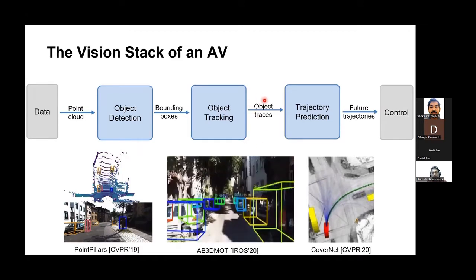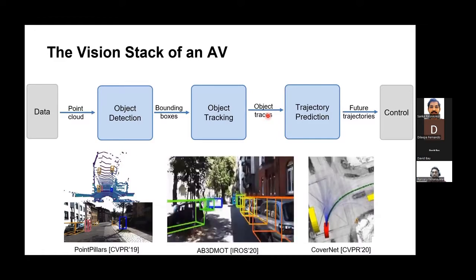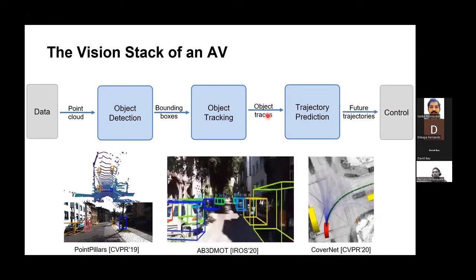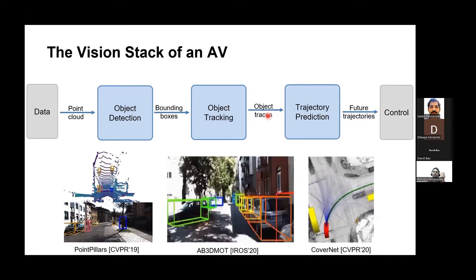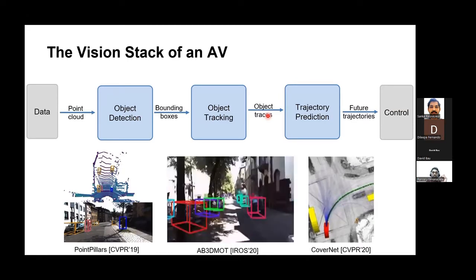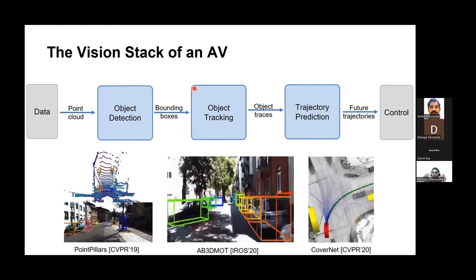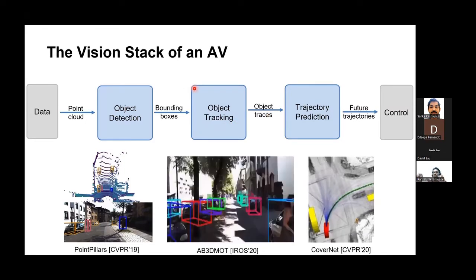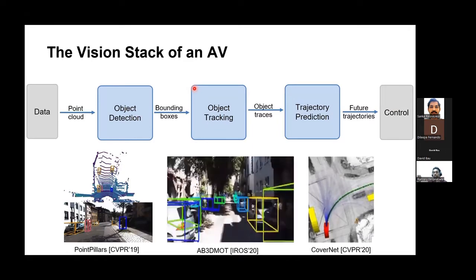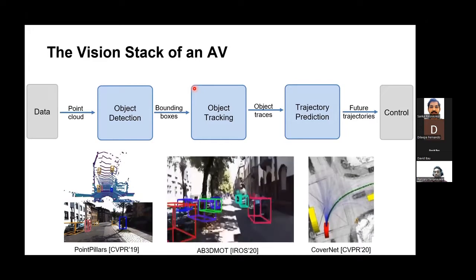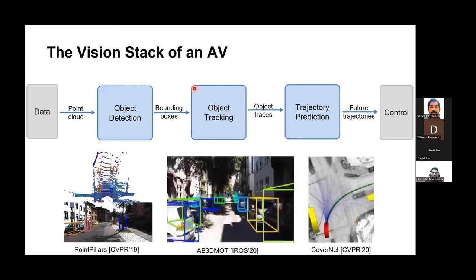Once you have all these traces of pedestrians or vehicles, then you are going to predict into the future. If I observe, say, a pedestrian at a couple of places, then you want to predict where that pedestrian would walk or where that car would go in the next few seconds. Just think, when you are driving, that's what you do.